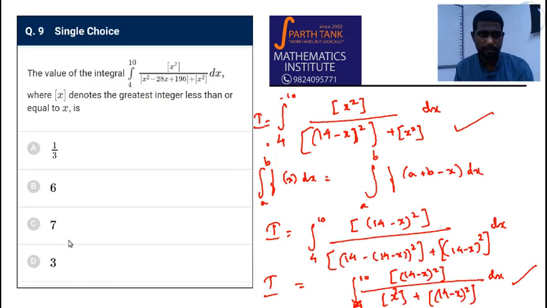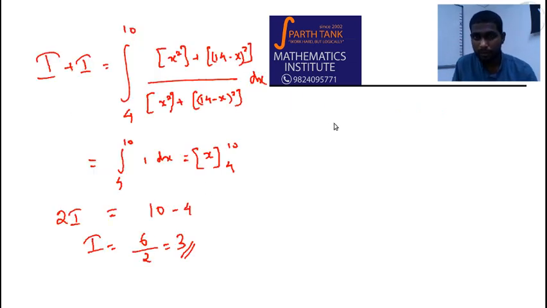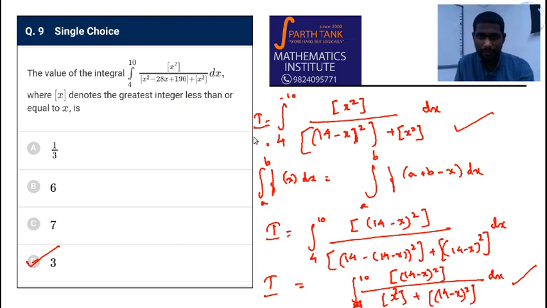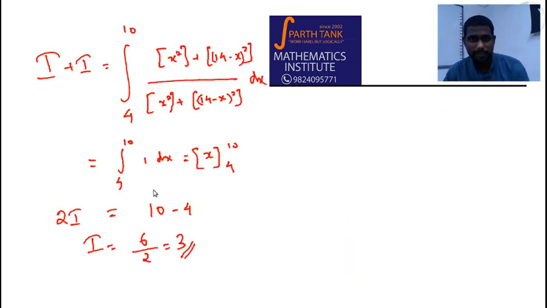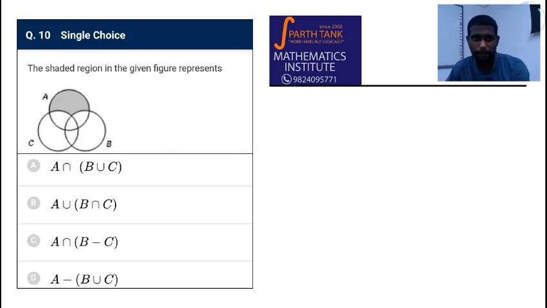So the answer is 3, option D. So remember, whenever the integral can be simplified like this using this rule, and the numerator and the denominator become equal, then the integral is just 1 from the lower limit to the upper limit. So the answer is upper limit minus lower limit by 2. This is a very important JEE Mains type question. Many problems like this are being asked in the exams these years, so keep sure of this identity.